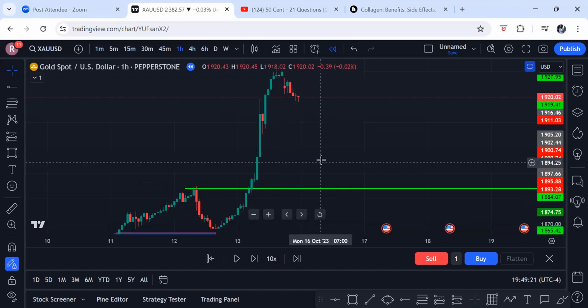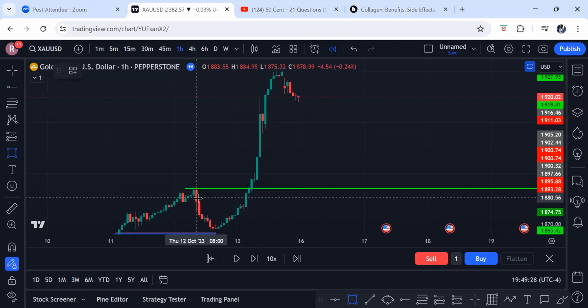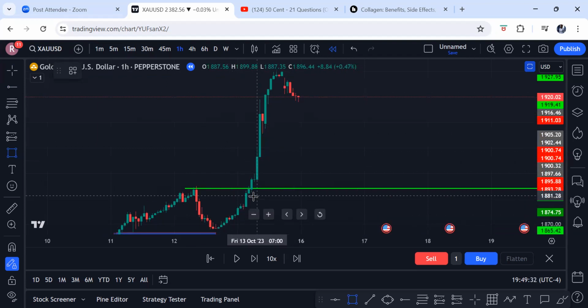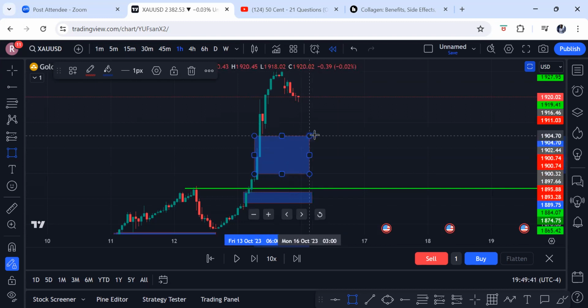So we're looking for areas of imbalance once again. Here, this is where price broke structure on this move. Boom. The movement up. This was imbalance created here. Then we had imbalance here again.